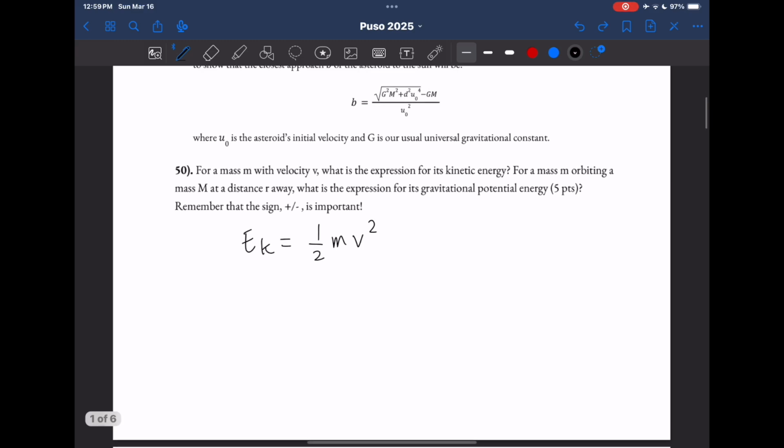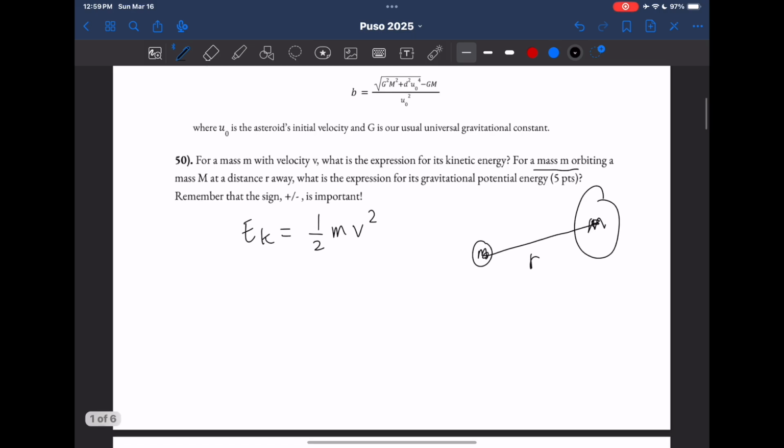So that's very simple. And the second question is, for a mass m orbiting a mass M at a distance r away, what is the expression for the gravitational potential energy? So that idea is if you have a small mass m or even a big one, and you have a big mass M over here, and these two are a distance r away, there's some gravitational energy contained within the gravitational fields here.